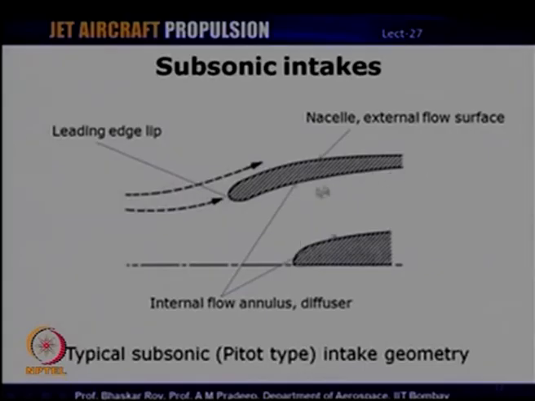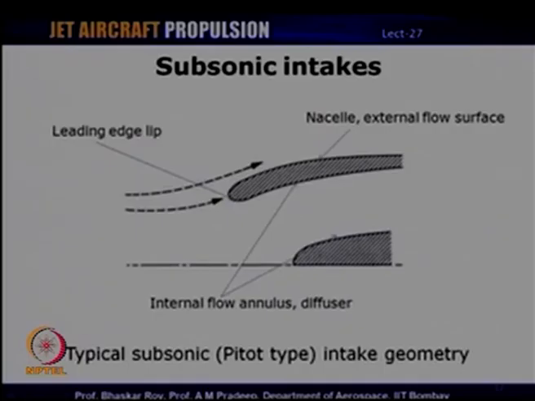What is there beneath this nacelle is the engine, and what you see here is the hub of the compressor or the fan. The flow through this intake will constitute two parts: one is the external flow and the other is the internal flow. That is, one part of the flow gets split because of the presence of the intake itself. One part of the flow moves over the nacelle, that is the external flow surface. The other part of the flow goes into the engine itself, that is the internal flow.